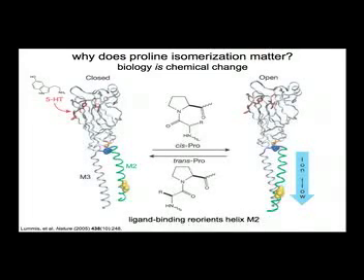Let me back up and say, well, why do we care? Well, the biology of a system can be reduced to chemical change. So what are we looking at here? We're looking at the serotonin receptor, one of the serotonin receptors. We're actually looking at a monomer of the serotonin receptor.